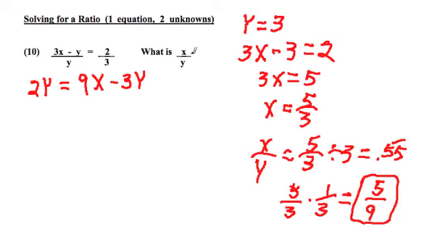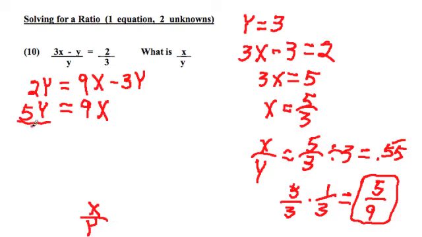And to get a relative relationship, you want to have the variables on opposite sides of the equation. So if you add 3y to both sides, you get 5y is equal to 9x.